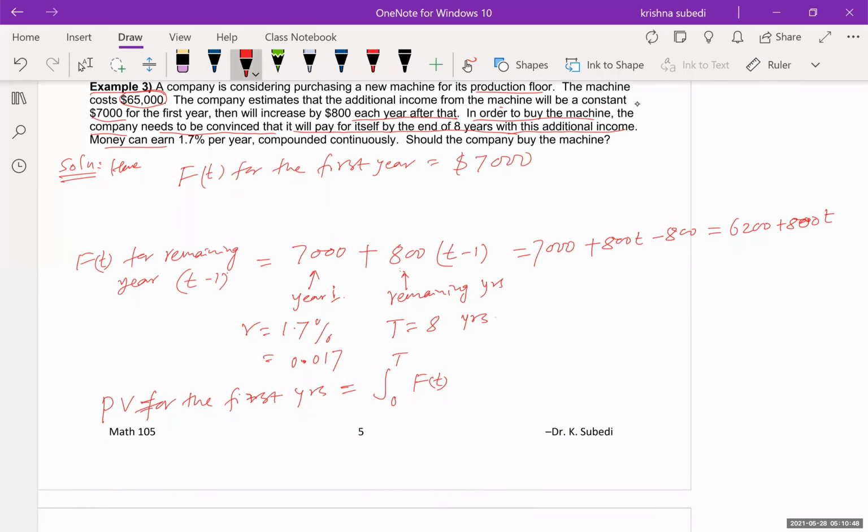So the total present value will be, let me write this way: present value of the first year plus present value of the remaining year.